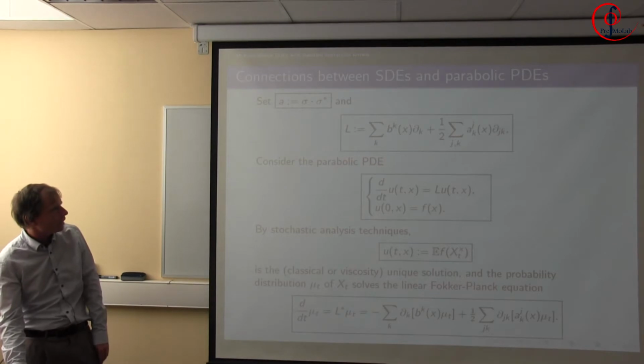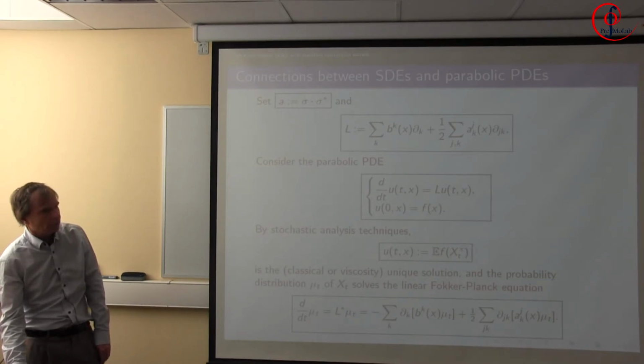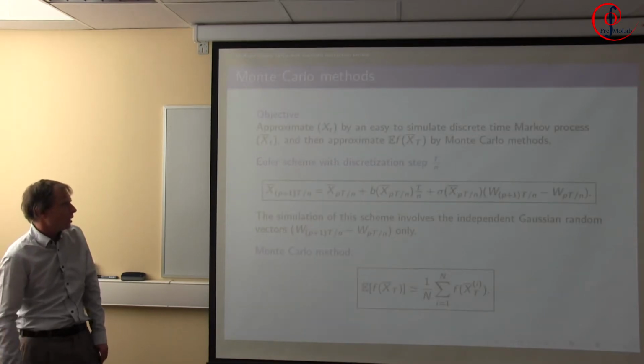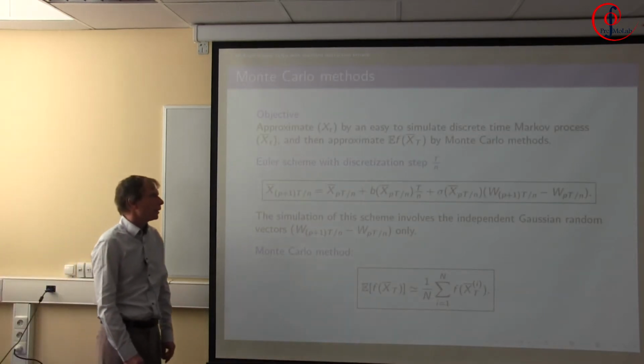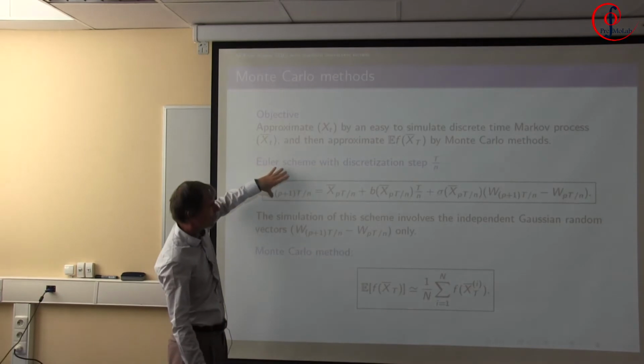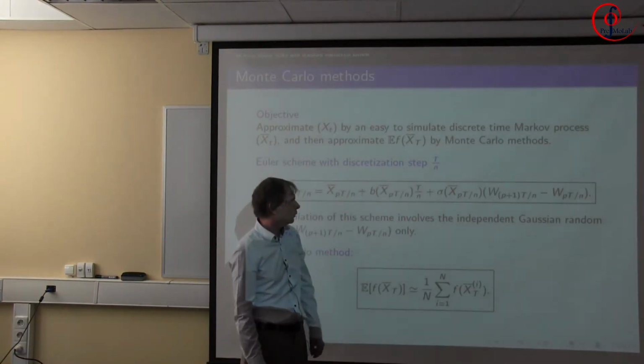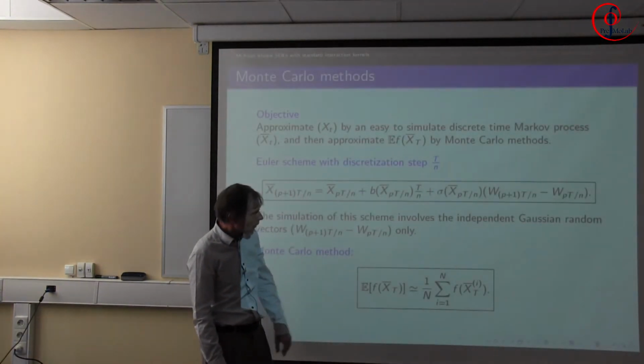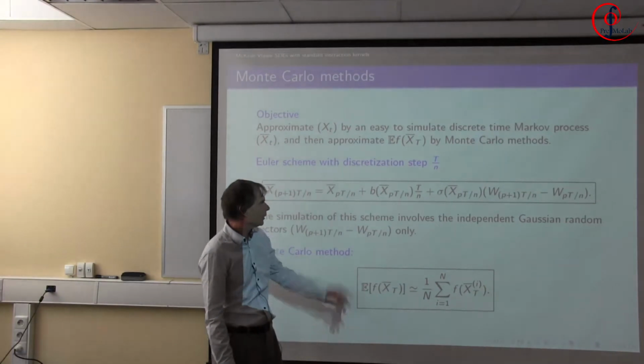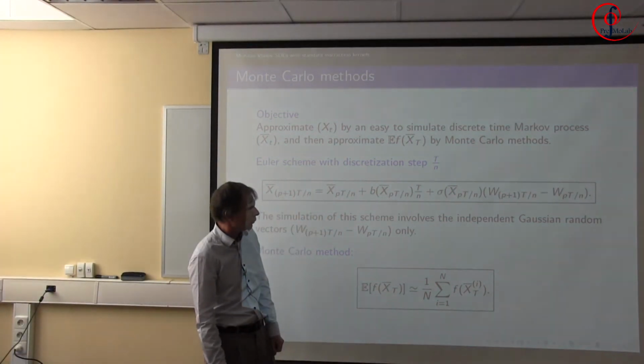Okay? The point is that you can't solve exactly the stochastic differential equation, of course. So one way to solve it numerically is simply to run this Euler discretization. So here you discretize in time the Lebesgue integral or the Riemann integral in the stochastic differential equation.